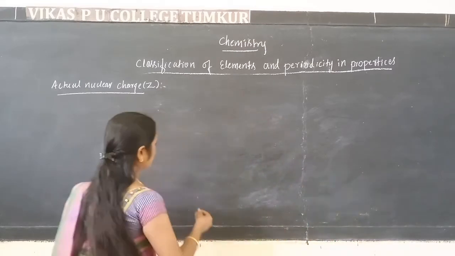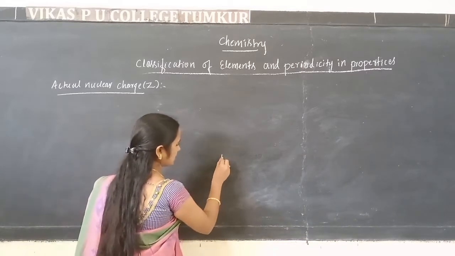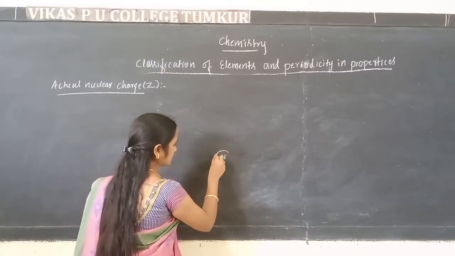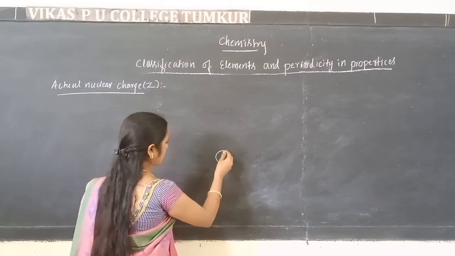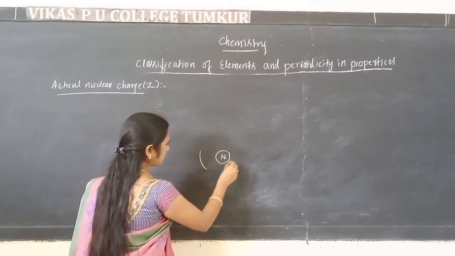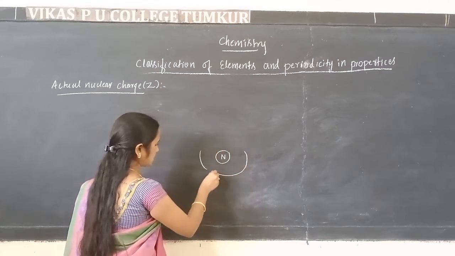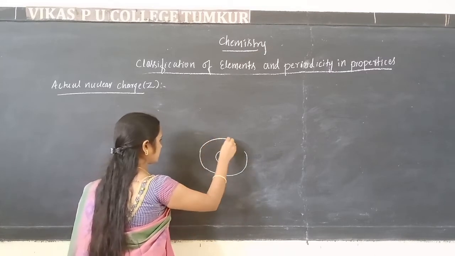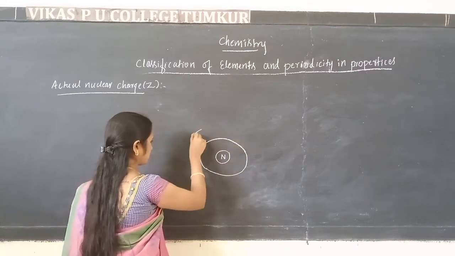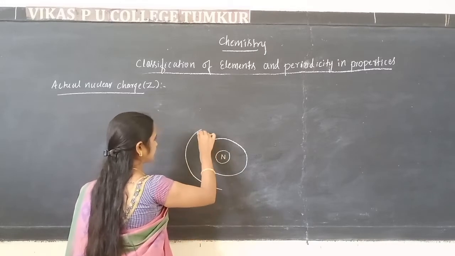Meaning, if you take an atom, the nucleus is at the center and the electrons revolve around the nucleus.